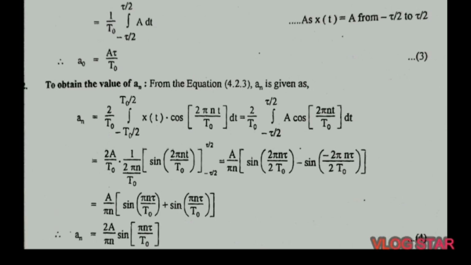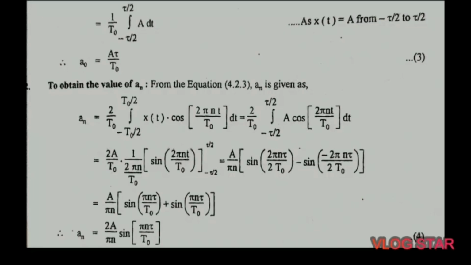The equation becomes 1 upon T0 times the integration from minus tau by 2 to plus tau by 2 of A dt.